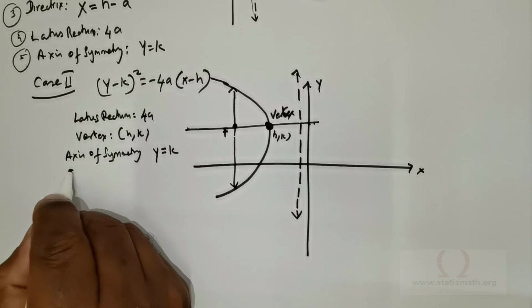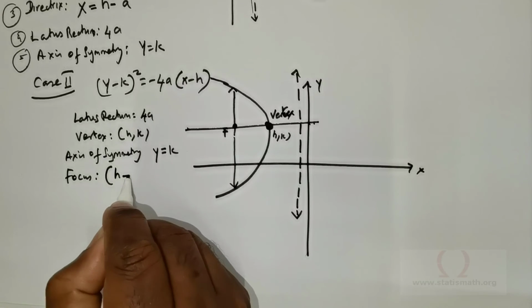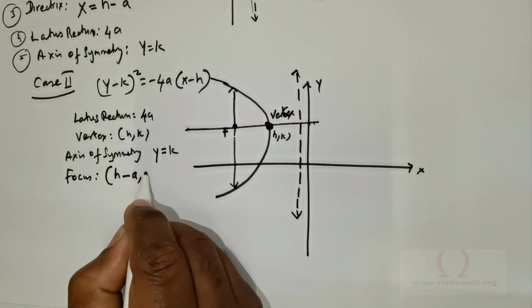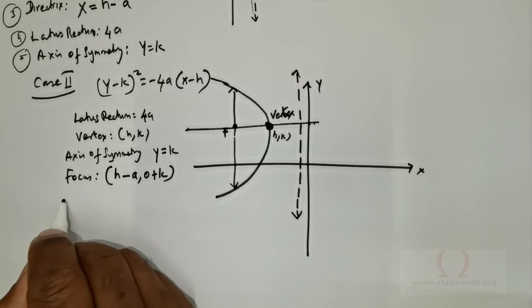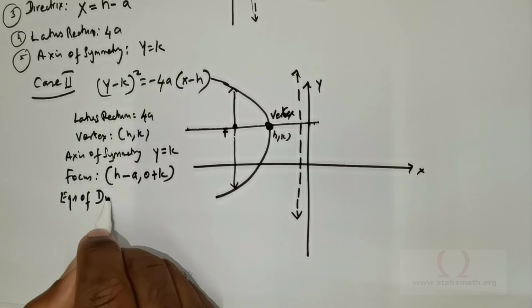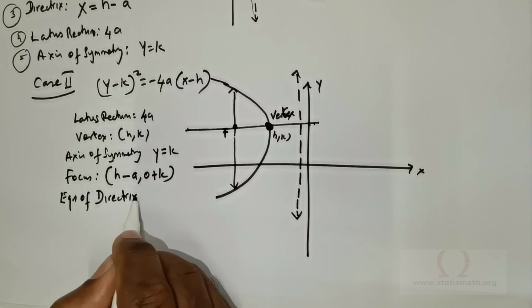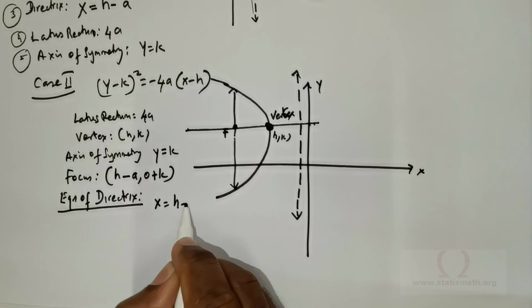So now the focus is obtained by this form, (h − a, k). This is the focus, and the equation of the directrix is given by x = h + a.